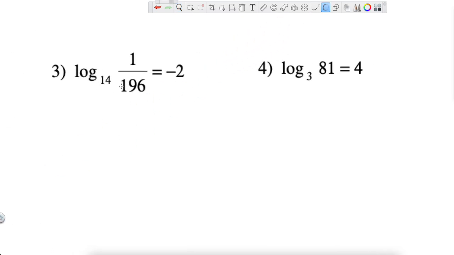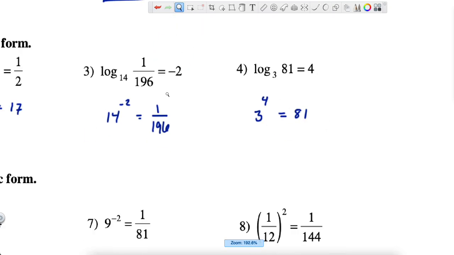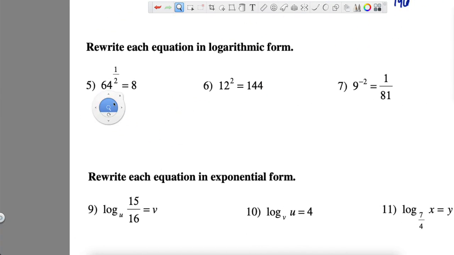Log base 14 of 1 over 196 is -2, so 14 to the -2 power equals 1 over 196. 14 squared is 196, and the negative makes the reciprocal. 3 to the 4th is 81. I hope these are getting a little bit easier.